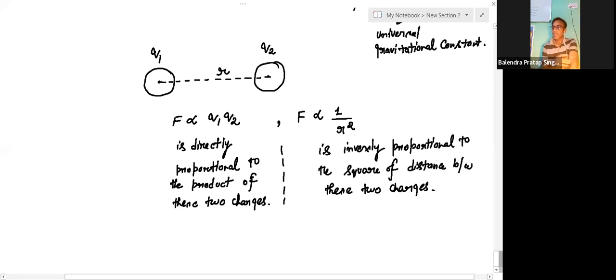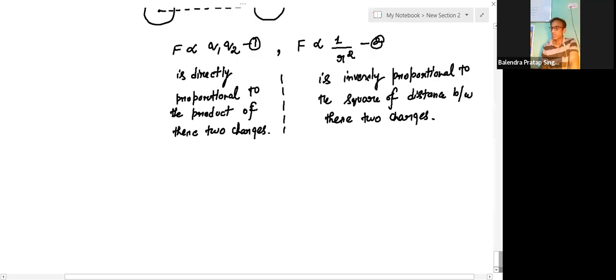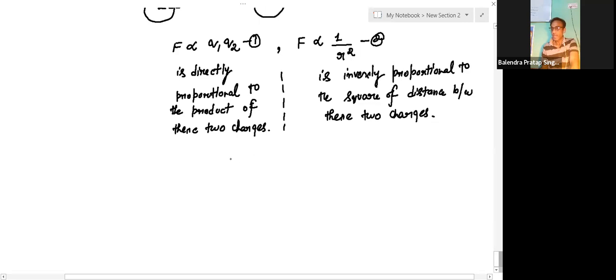So if you combine these two points, then you can directly write F is directly proportional to q1 q2 divided by r square. Is it clear?